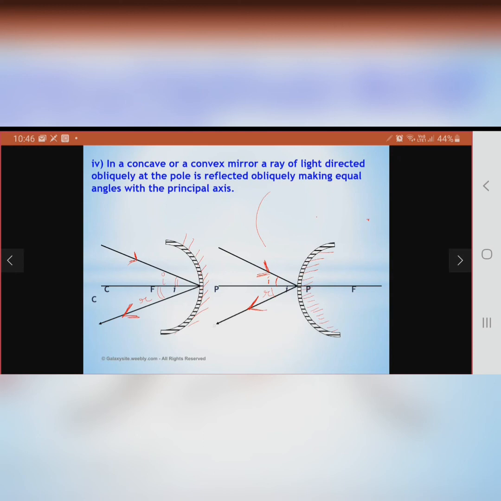It should be as per calculations. जो भी जिस भी रेडियस की आप आर्क ले रहे हो उस रेडियस पे ही, that radius would be equal to your radius of curvature. Exactly half of that should be your focus. Okay? So now if all of you are clear with all the rules, we can start drawing the ray diagrams. Shall we?